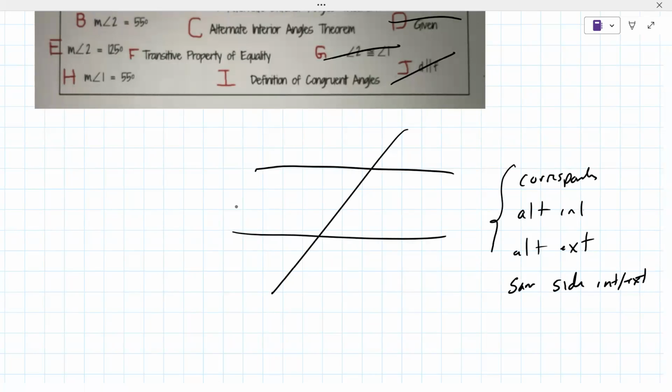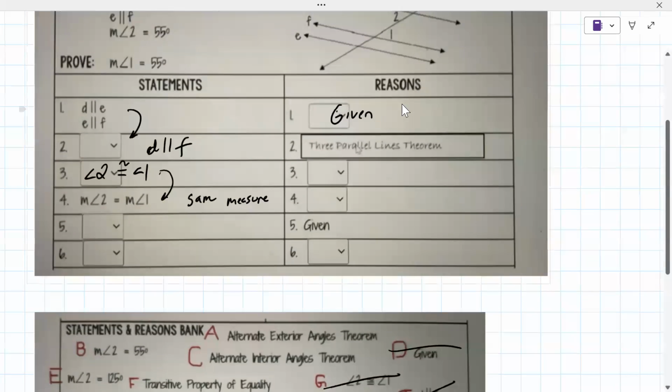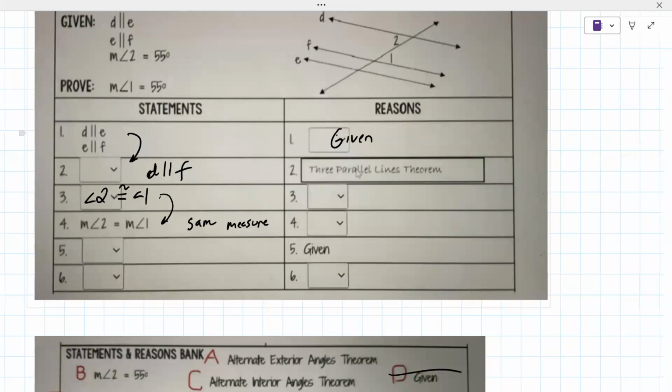But the first 3 are for congruence. So if you go back to your picture, where do 1 and 2 reside? Alternate interior. Yeah.